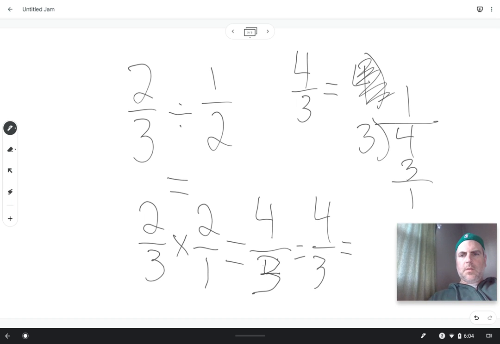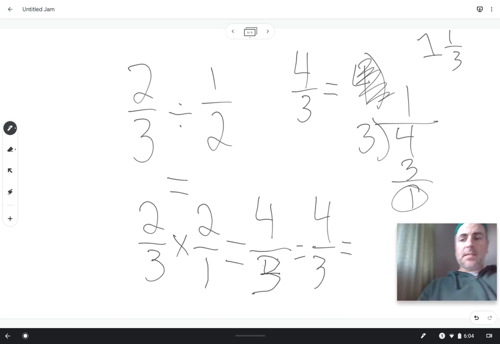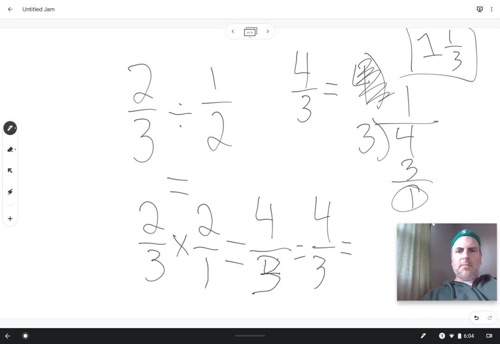So you could say it's 1 remainder of 1, but we're not going to do that. The remainder over the 1 is 1 and 1/3. 3 goes into 4 one time with a remainder of 1. Divide that 1 by 3. 1 and 1/3 is our answer to that problem.